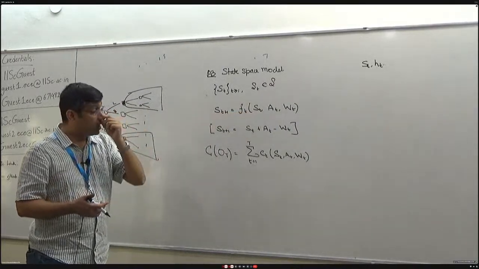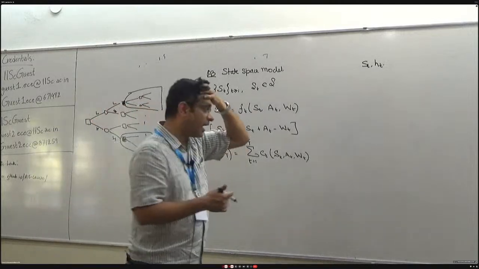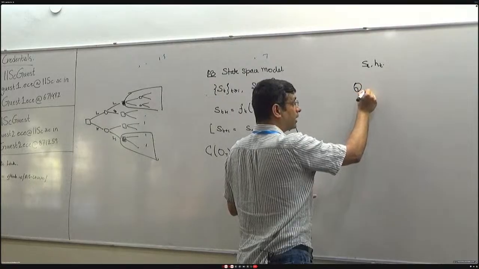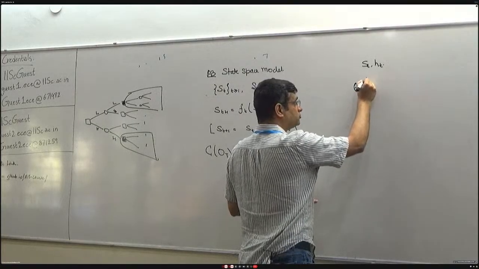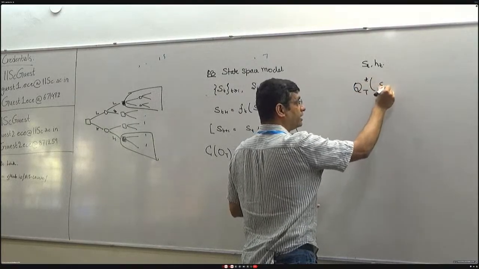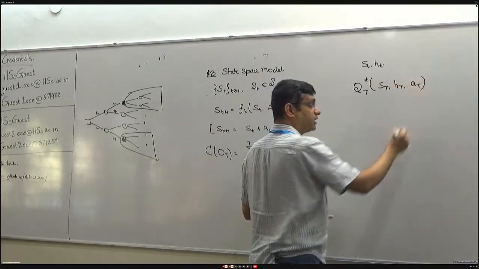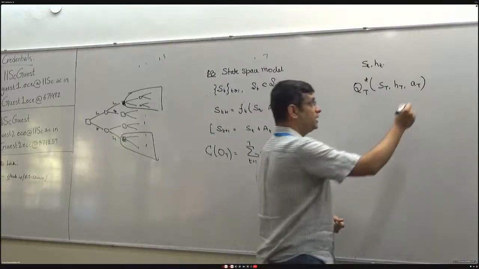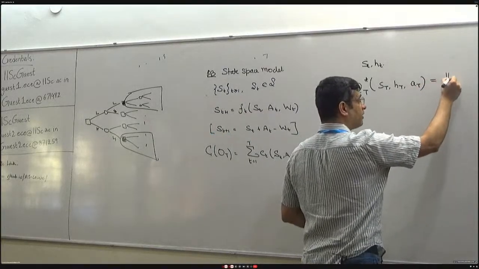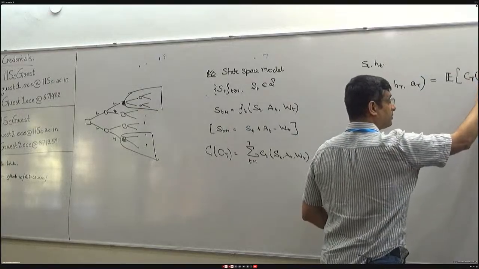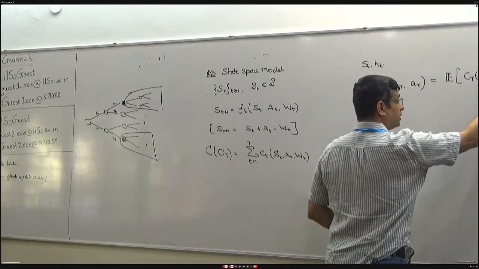So in principle now, I could write down Q_T star of S_T, H_T, and A_T to be the expected value of C_T of S_T, A_T, and W_T.